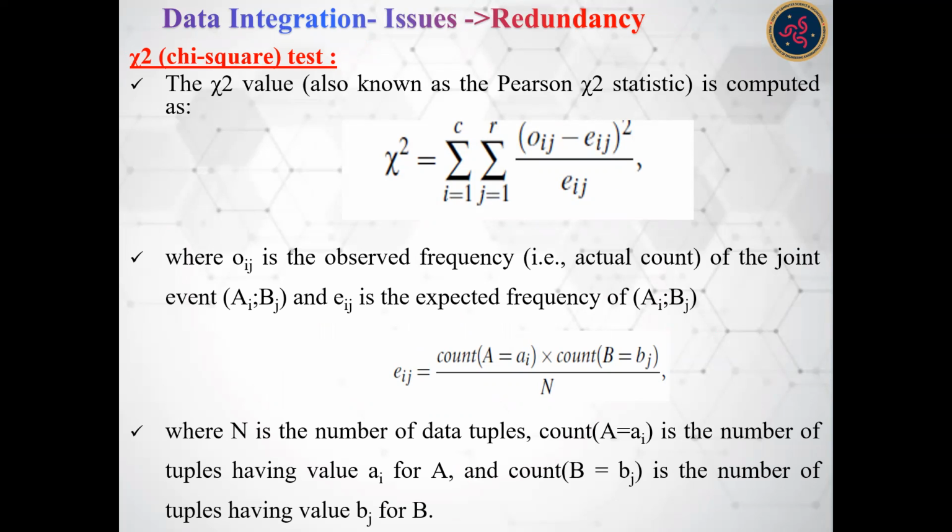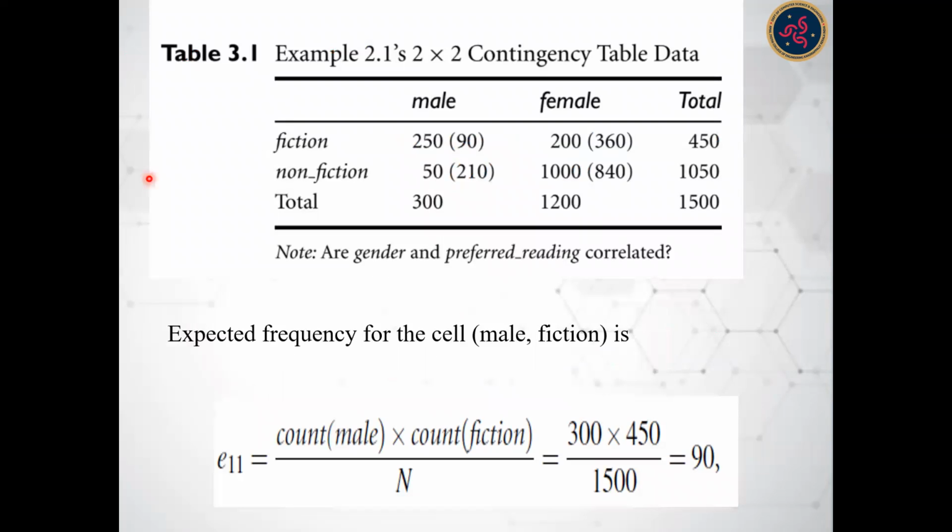So this is the contingency table, and the total value is 450. Out of these, 250 males read fiction stories and 200 females read fiction stories.